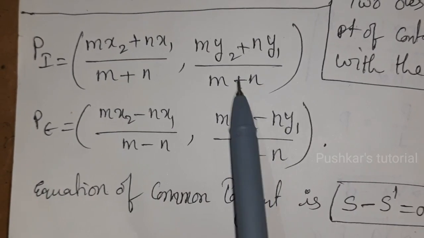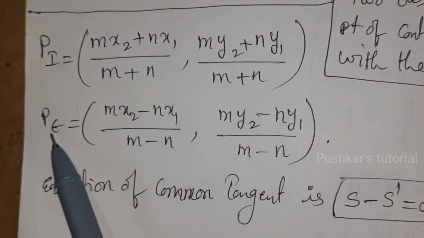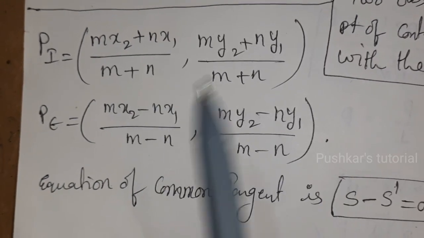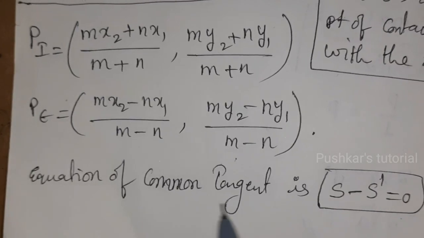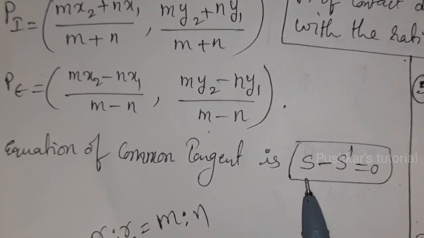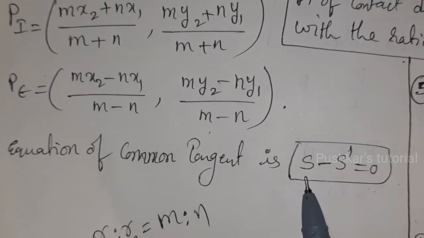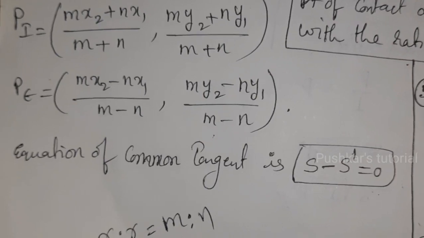For internal division, plus comes in the formula: (my2 plus ny1) by (m plus n). For external division, PE, it is the same formula but with minus in between. And the equation of the common tangent is S minus S dash equals 0, where a circle is generally denoted by S: first circle minus second circle. That's all.